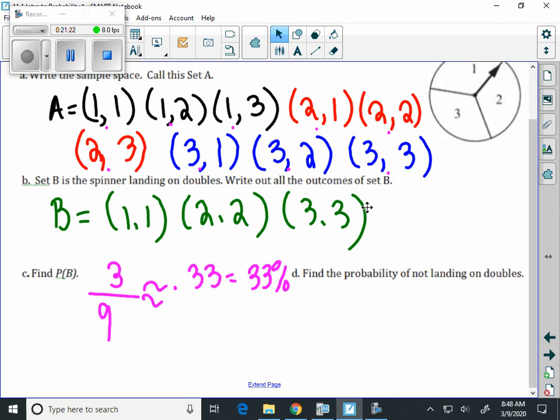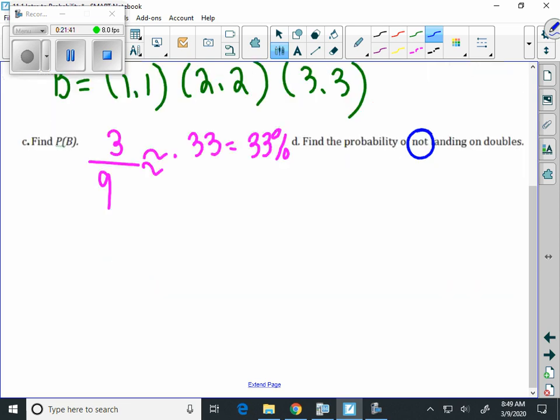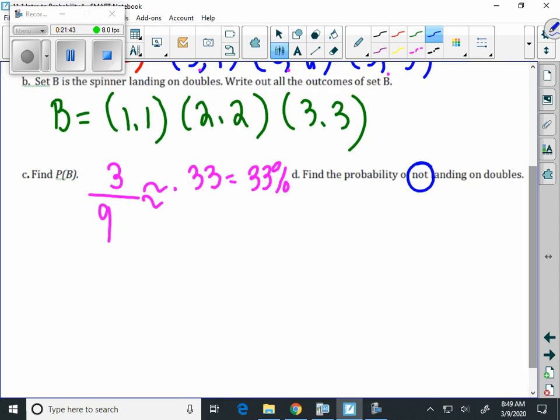And it says, find the probability of not landing on doubles. Well, if the probability of landing on doubles was 0.33, then the probability of not landing on doubles is going to be 100% minus 33%, which is 67%.